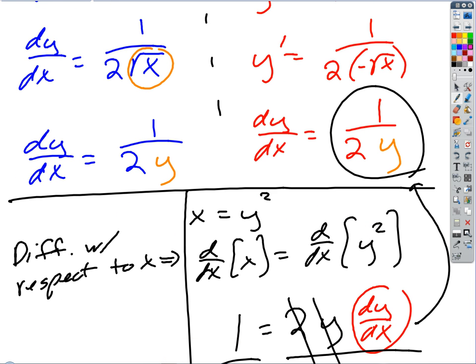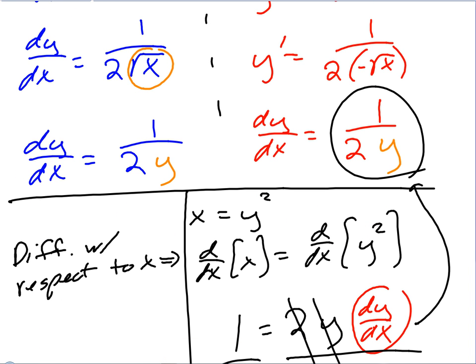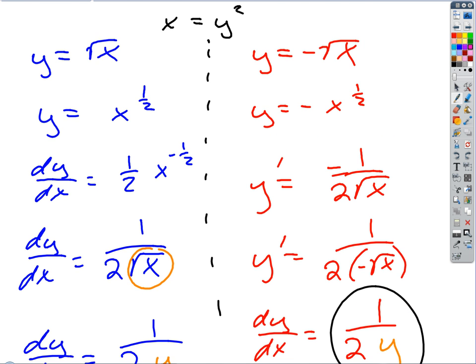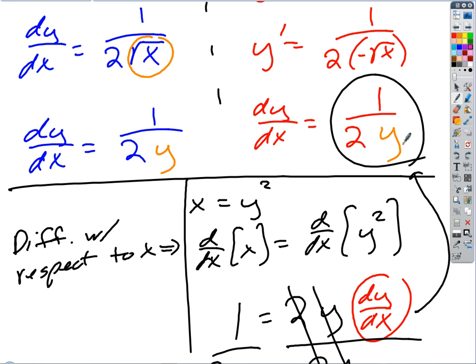We got an answer in terms of y, and if we want to go back after the fact and solve for y in terms of x, great, we can do that. I could say that y equals plus or minus the square root of x, and so I'd get two answers, 1 over 2 times the square root of x and 1 over 2 times negative the square root of x, right? Handy. Sometimes not just handy, sometimes absolutely essential.